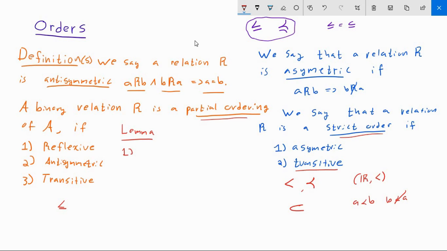In general, if I have any ordering R, where by order I mean partial order, we'll sometimes drop the word partial and simply say order. For any order R, if we define a relation S so that A is S related to B if and only if A is R related to B and A is not equal to B, then it turns out that S is a strict ordering.